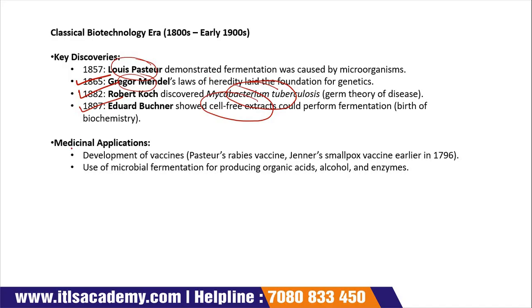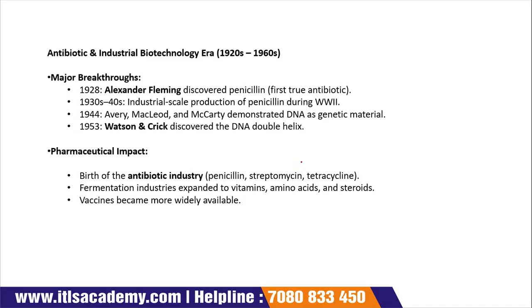Next, in the field of medicine, vaccines were developed. Louis Pasteur developed the rabies vaccine. Jenner discovered the smallpox vaccine. Okay. Use of microbiology for producing organic compounds, alcohol and enzymes. Okay. Now, after the 19th century, the antibiotic and industrial era, 1920s to 1960s.